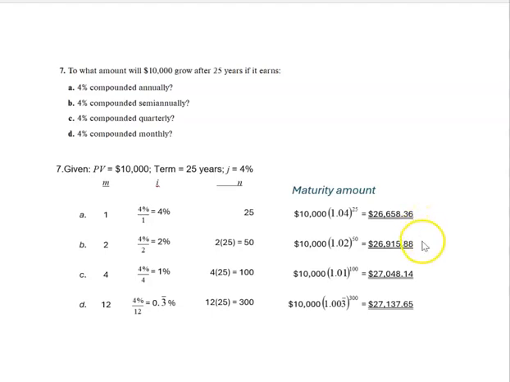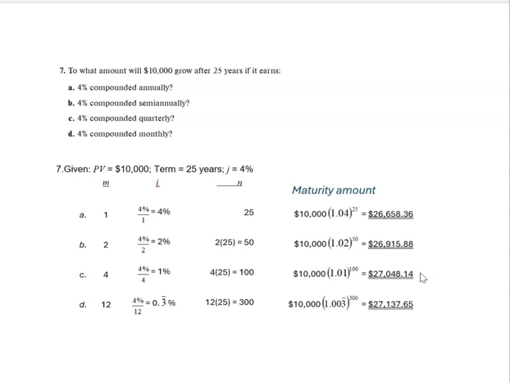$26,658.36. The second one, because it's being compounded semi-annually, so all the same information, but it's going to be compounded twice a year, you're going to end up having more, which is $26,915.88. Then for C, it's being compounded quarterly. So again, because it's being compounded more often, you're earning even more interest on your interest.